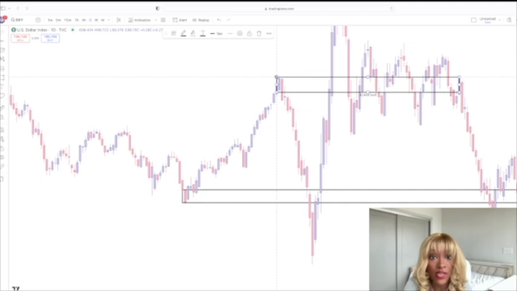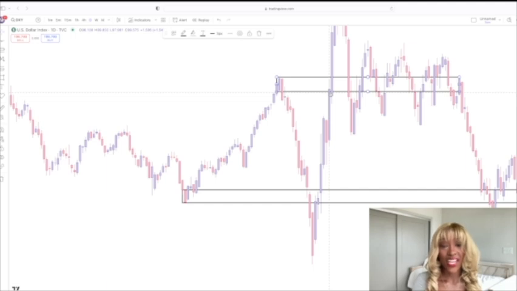How I identify my supply zones, I take the previous candle that started this move to the downside, right? So I take the top of the candle and the base of the candle, and sometimes I include the wicks. It just depends on how the candlestick forms, and then I wait for a break and a retest for me to determine if I want to enter or not into the market.